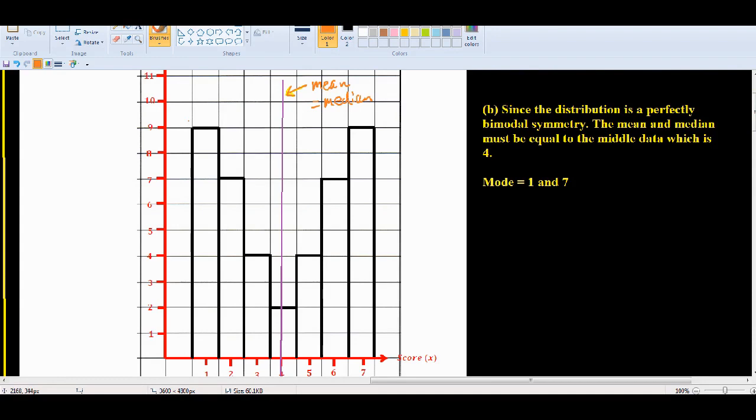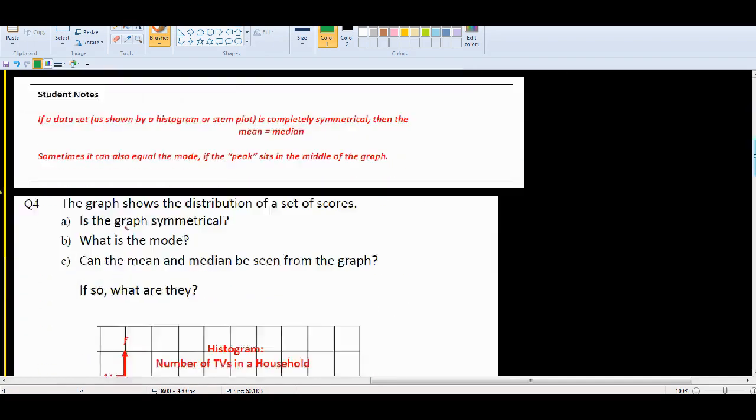And for the mode, there are two modes. Let me draw the vertical line, it will be easier to understand. These are what we call the modes.